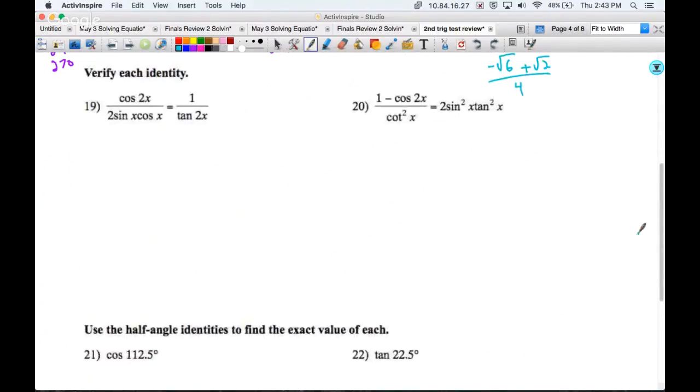All right, verify each identity. These use the double angles. I think we did 19 in class, actually. You can look for that one in the notes from that day. Let's look at 20. See if there's anything that really jumps out.